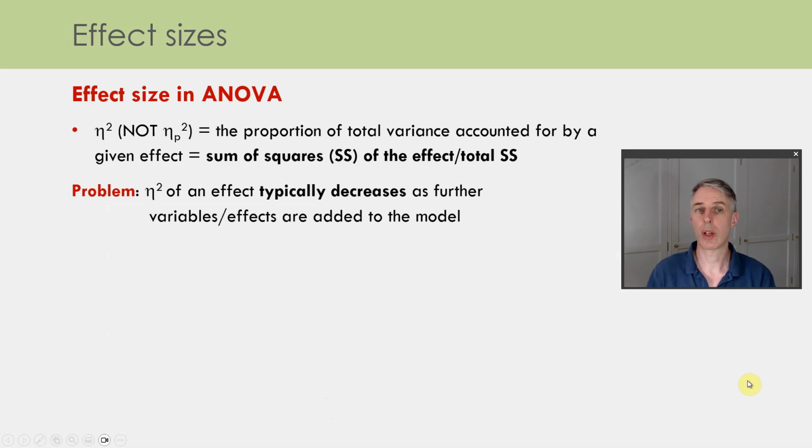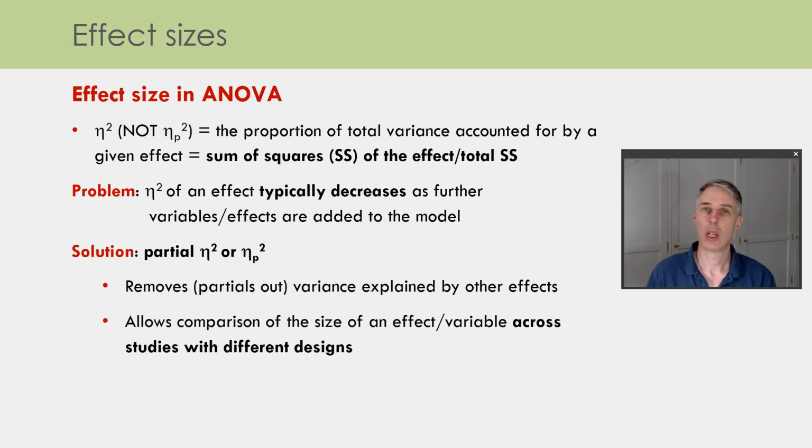Now, the problem with eta squared, and the reason that people often report or prefer partial eta squared, is that eta squared tends to decrease as further variables or effects are added to the model, even though the effect itself stays the same, as it were.